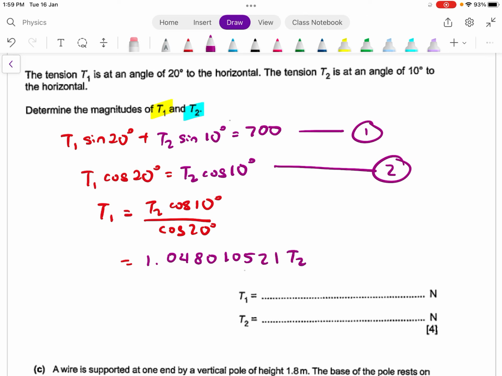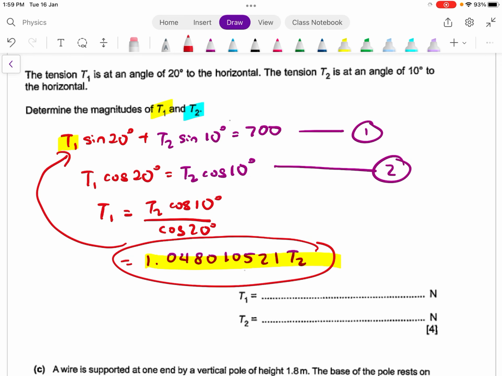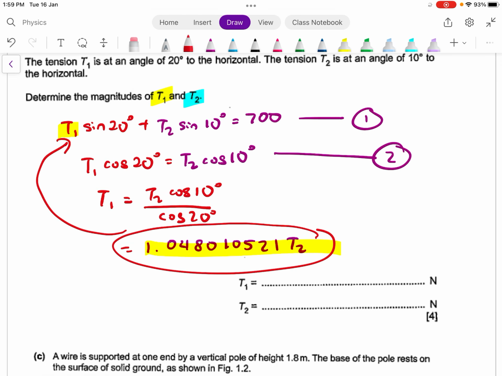Then I go back to the first equation and substitute this whole thing in. So what you get is 1.04801052 T2 times sine 20 plus T2 sine 10 is equal to 700.